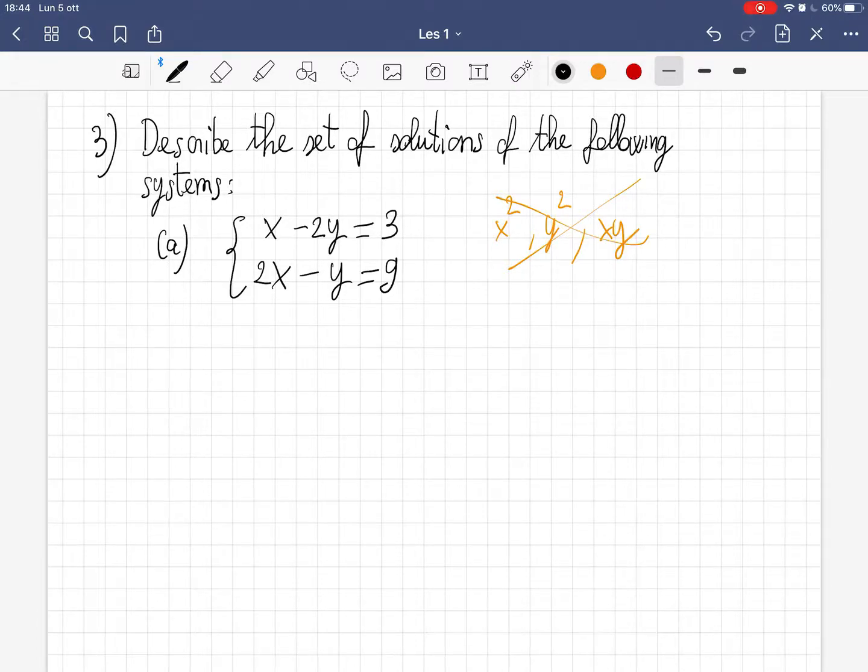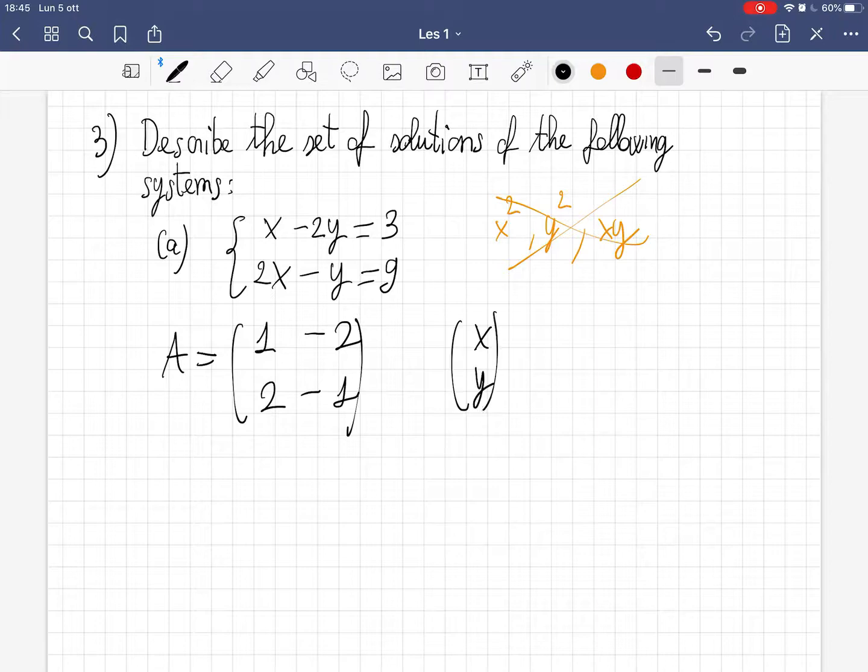So what do you do here? What you do is as follows. You introduce a matrix, which is the coefficient matrix, and in this case it's going to be 1 minus 2, 2 minus 1. You introduce a vector, which is just the variables you want to find, let me call this x with an arrow there, and you introduce the vector of the known values, 3, 9.